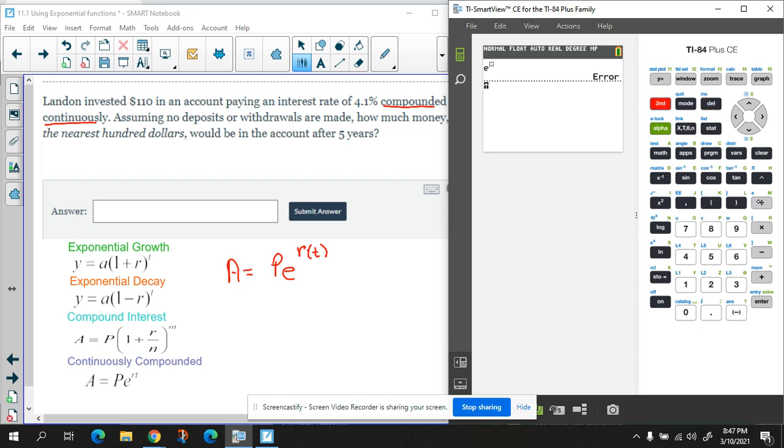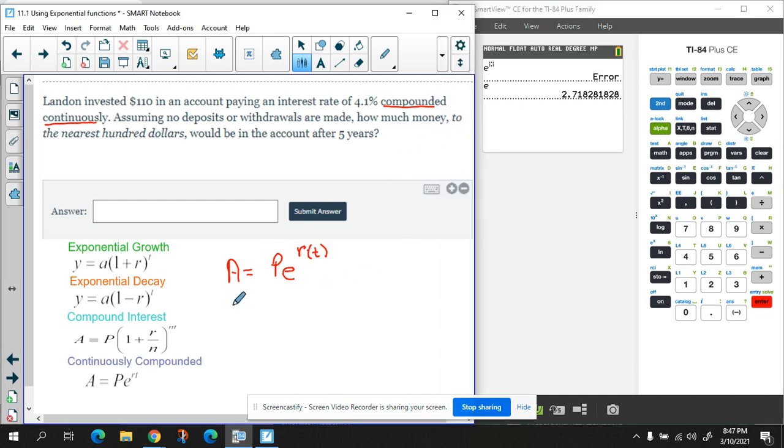Okay, let's try this one, E, see if it'll give us a number. There it is. E is a very special number in mathematics that shows up almost as much as pi. It's 2.718281828, and it continues on forever. And that's why you're going to have a special key either on your keyboard in Delta Math or on your calculator to find E.